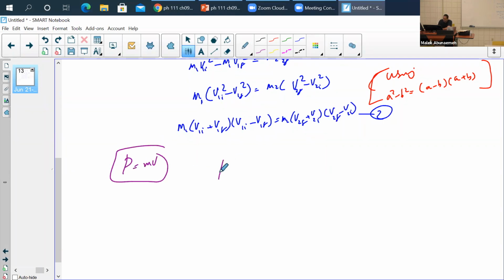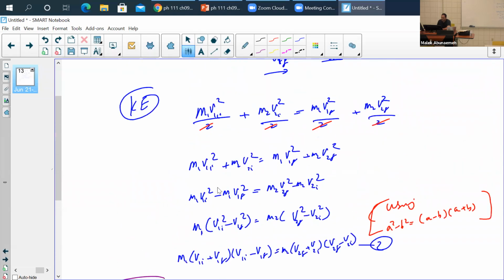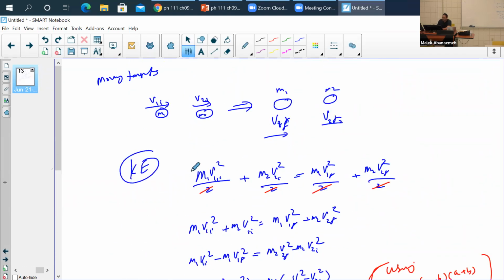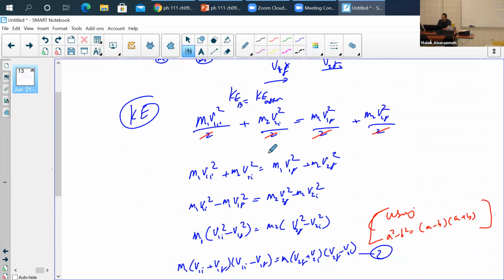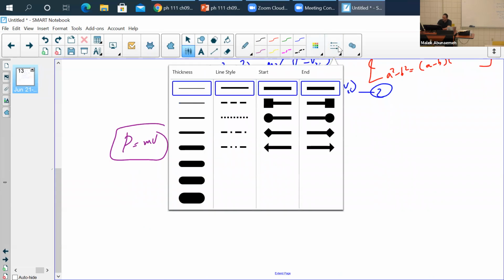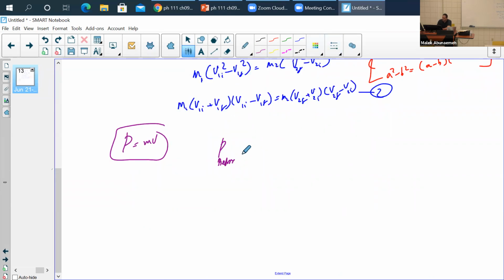So the momentum before is going to be m1 v1 initial plus m2 v2 initial, which is going to equal your m1 v1 final plus m2 v2 final.